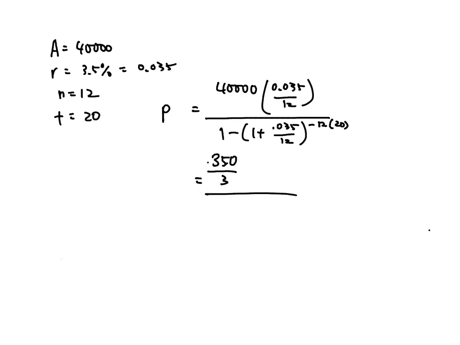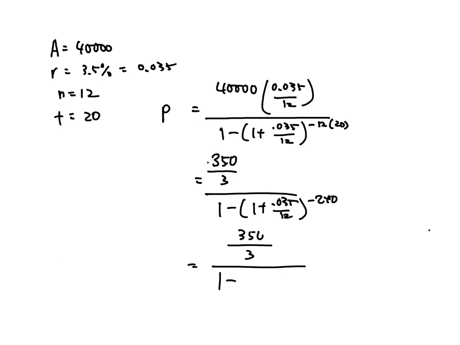So this is again 1 minus 1 plus, let's figure out what that is. So 1 plus 0.035 over 12 to the negative 240. Calculator says 2407 divided by 2400 raised to negative 240.